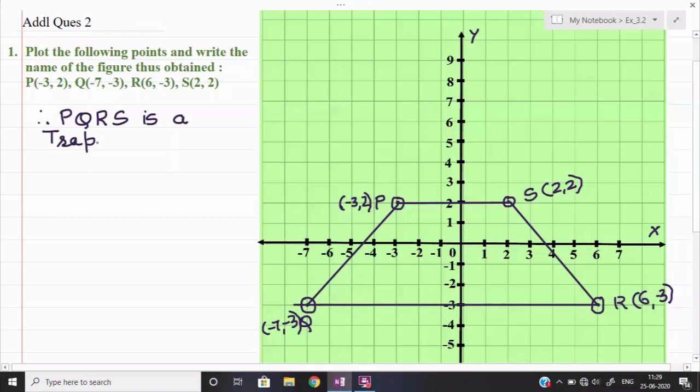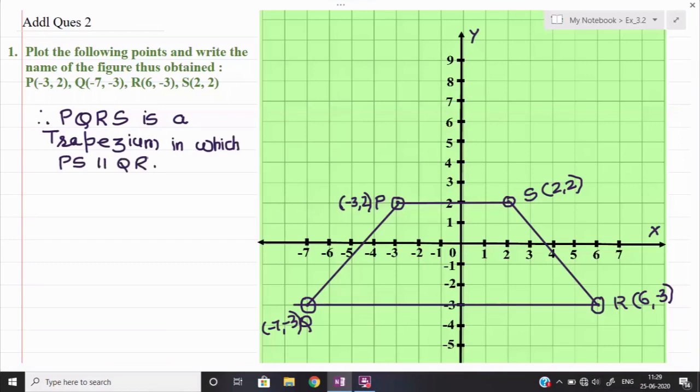And in this trapezium you must mention which sides are parallel: PS is parallel to QR, okay. However, it is not asked in the question, but if you can give one or two additional pieces of information on your own and if you have time, you can definitely give it, okay. So this is your answer to additional question number 2.